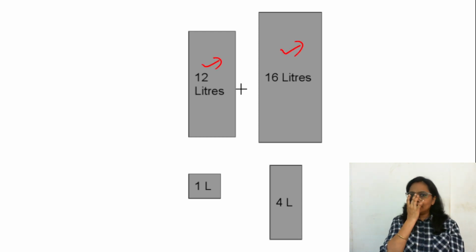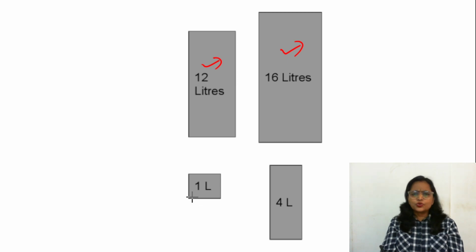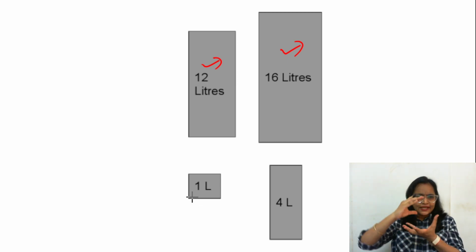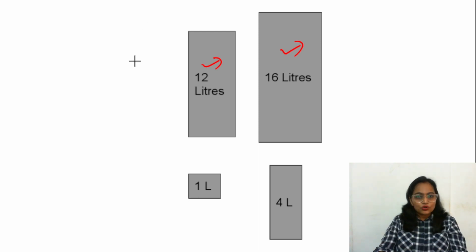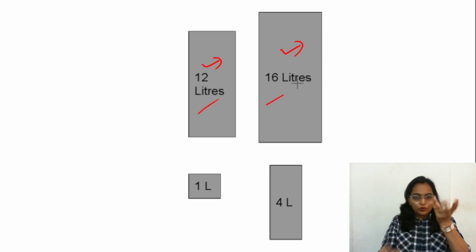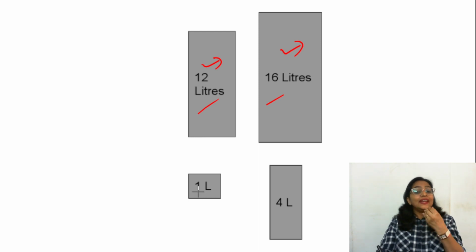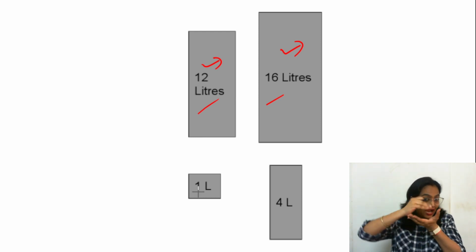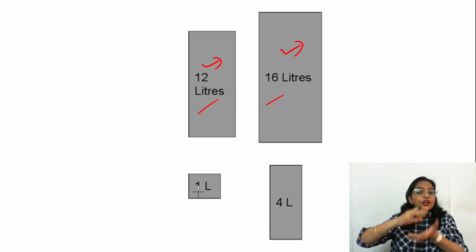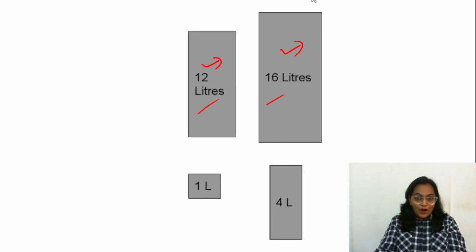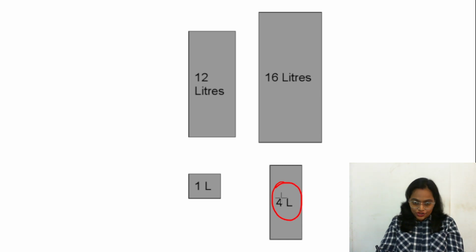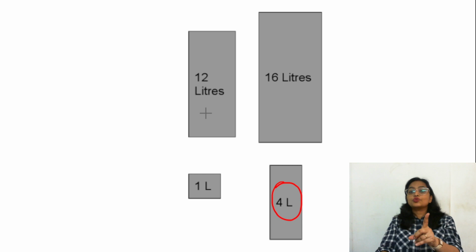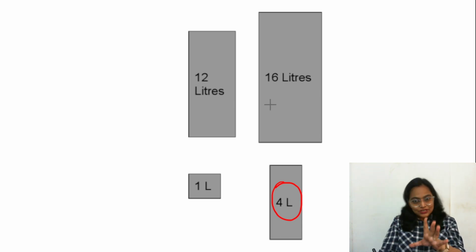Now what she can do is either she can use a 1-liter jar, right? And she can measure 1 liter, 1 liter, 1 liter every time, so that she can measure both of these. But it will not be the highest or the biggest jar. Now she will think about something else and she'll come up with a 4-liter jar. So a 4-liter jar will measure both 12 liters and 16 liters, right?